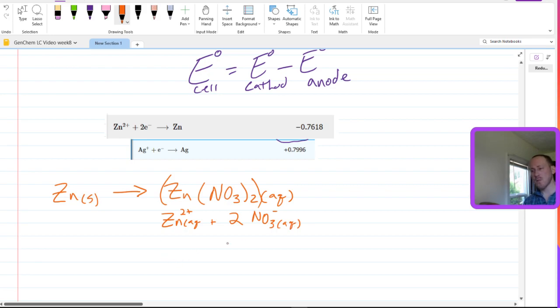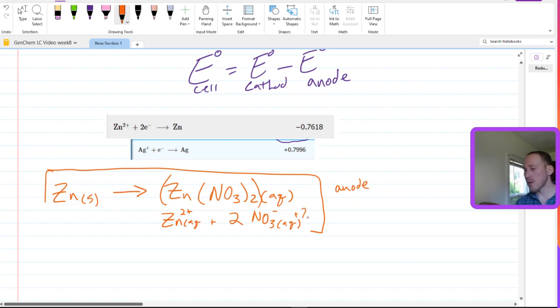Okay, that's one half reaction. That's the anode. And right, this is our anode. And 2 electrons. Okay, so our other half reaction, we have silver cation, that's aqueous. And we know that it's actually going to be some sort of silver nitrate, right?